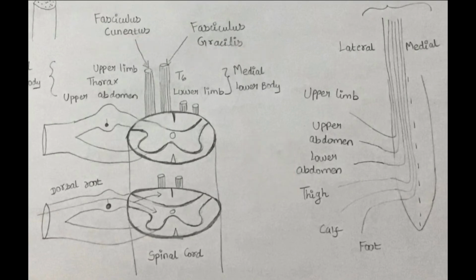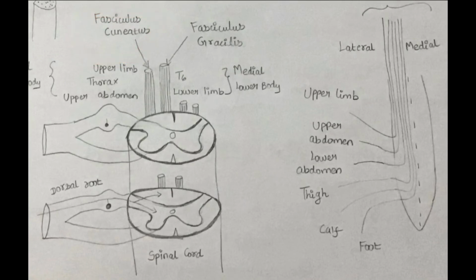Now I ask you a question: if you cut the lower part of the spinal cord, will you see fasciculus cuneatus or fasciculus gracilis? You will see only the fasciculus gracilis, because fasciculus cuneatus is from the upper part of the body.